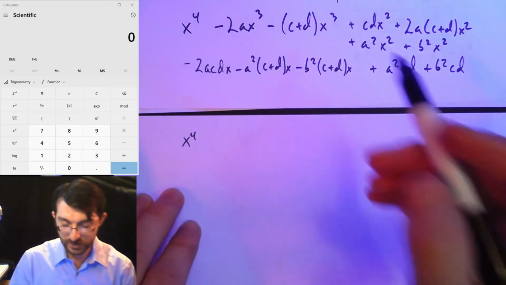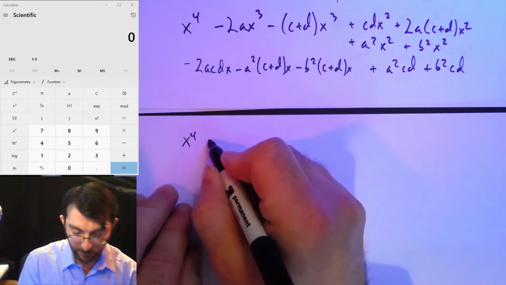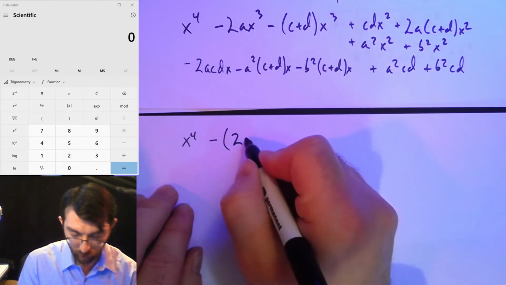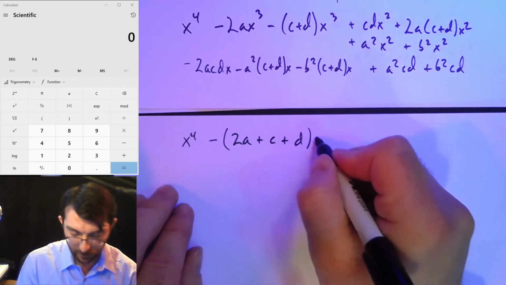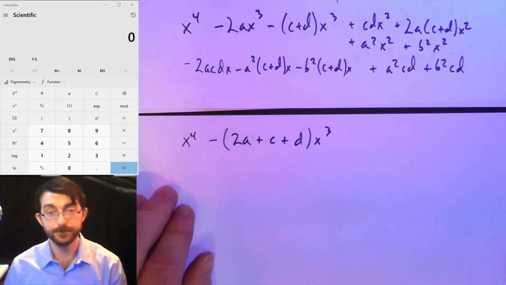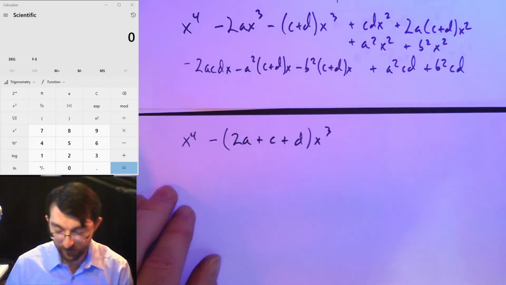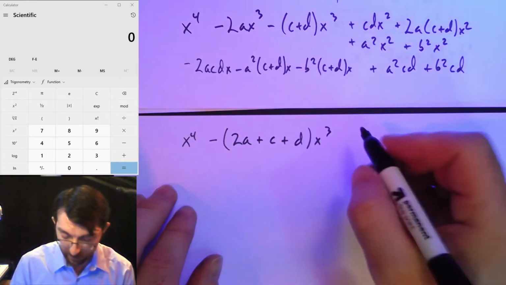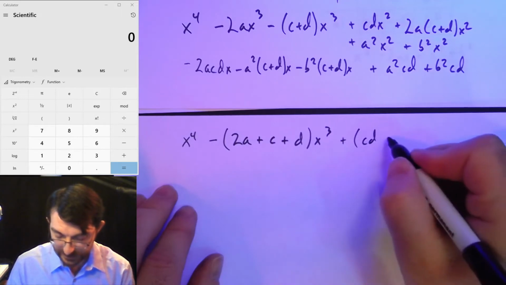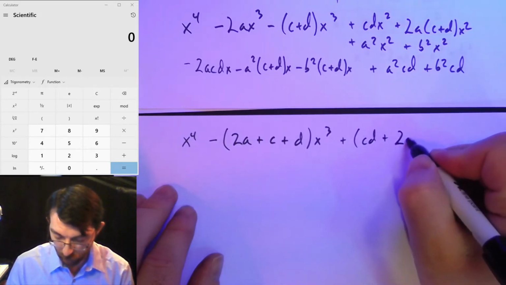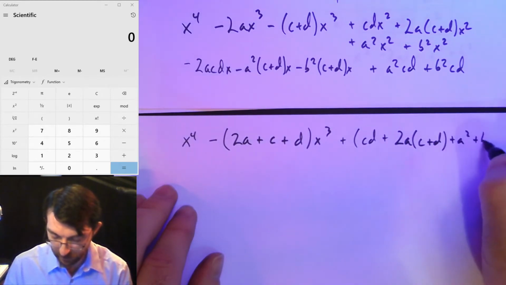X to the fourth. So if I were to factor out this x to the third, what I'd have is minus 2a plus c plus d x cubed. If I were to take these squared terms and factor out the x squared, I'd have plus cd plus 2a c plus d plus a squared plus b squared.